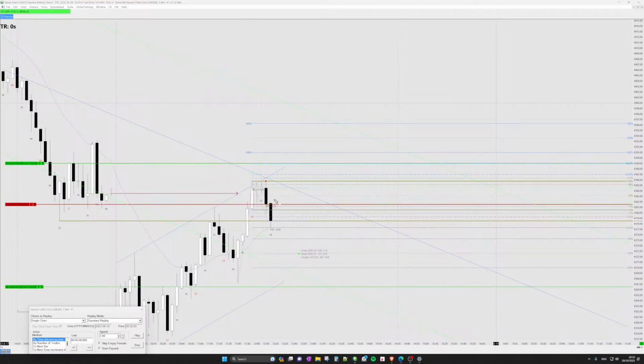They closed outside the trap zone, but already reached the target. Also a test of the EMA, probably 50%, almost. So yeah, there can be some pullback.